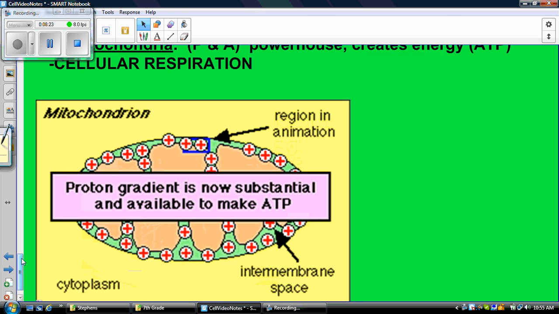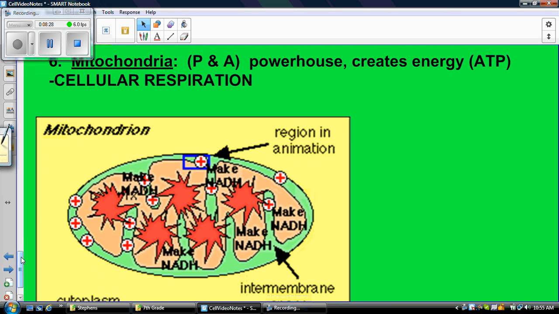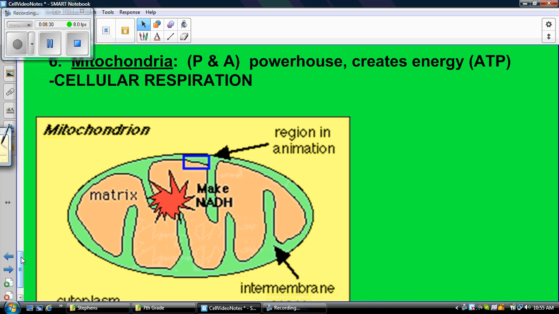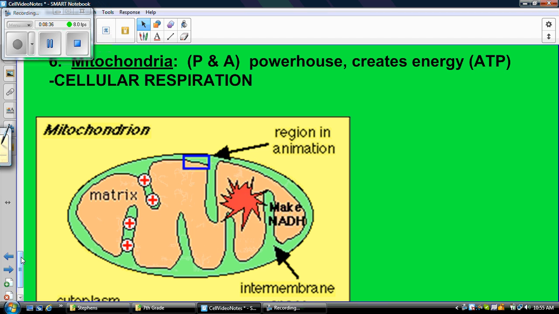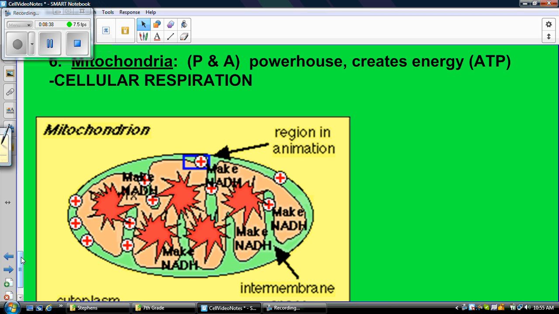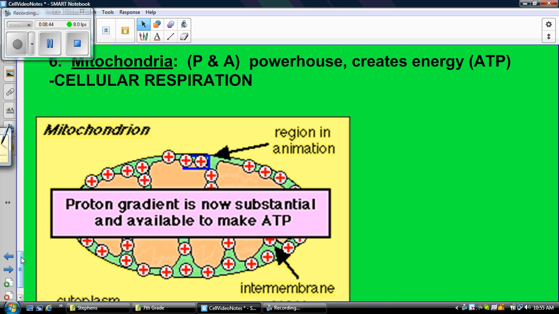Cellular respiration is where we take in oxygen, sugar, which is in the form of glucose, and we turn that into energy. Okay, we transfer that into energy. And so we basically transfer chemical energy into mechanical energy. That occurs in the mitochondria.